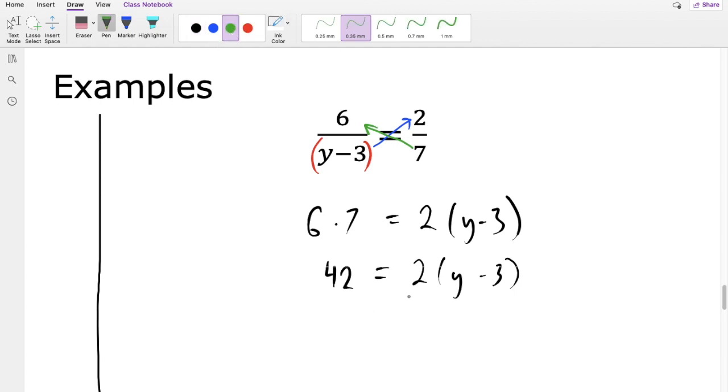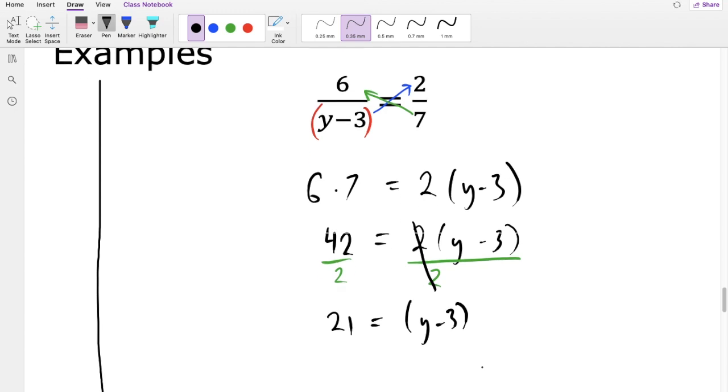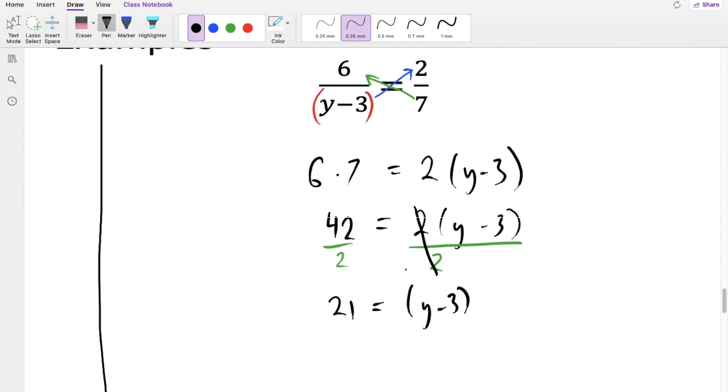I'm going to start by dividing both sides by this 2. So 42 divided by 2 gives me 21. On the right side, this 2 divided by 2 cancels, leaving me with y minus 3. At this point, nothing is being multiplied to this parentheses, so I can just get rid of it.